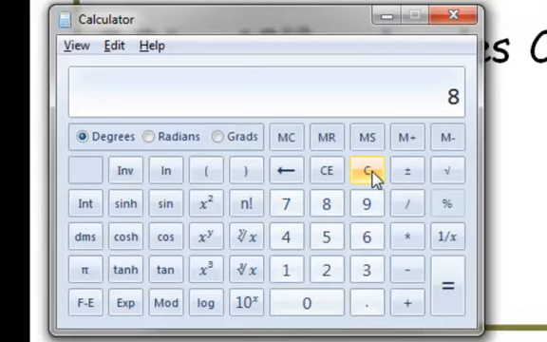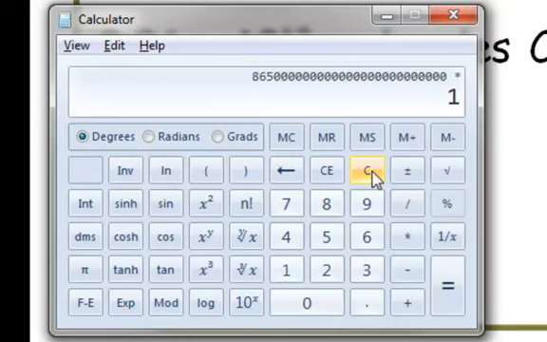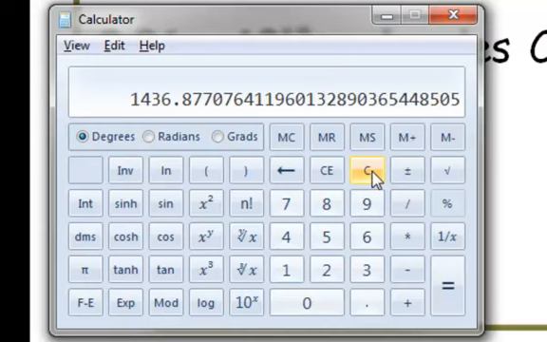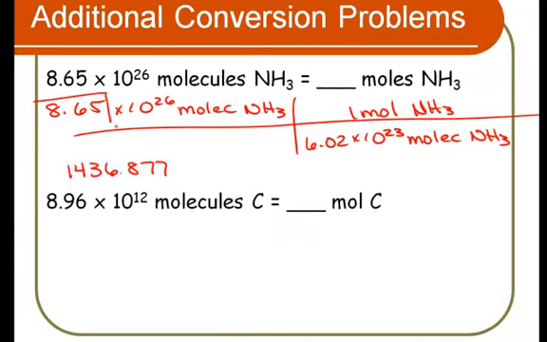So we take 8.65, we'll use our second inverse function to get that E to 26. Now we're going to multiply by 1 and then divide by 6.02 times 10 to the 23rd. This gives us 1436.877. 8.65 has 3 significant figures.